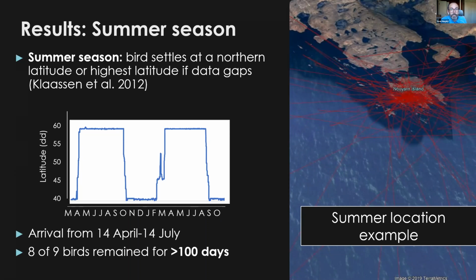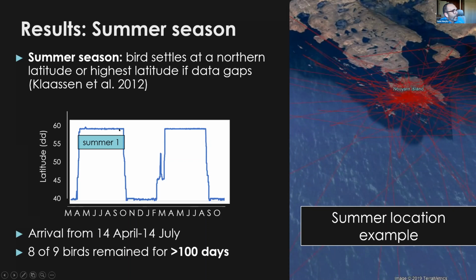A paper done for lesser black-backed gulls in the UK by Clausen et al. in 2012 did a similar analysis of looking at northern latitudes, setting a summer season by identifying when the bird settles at a northern latitude. If you look at this plot, it's just one individual to illustrate the pattern we're looking for. You'll see it is down in Pennsylvania, and then you have spring migration, and you hit this northern latitude, and there's some fuzzy noise there because it's a seabird moving around.